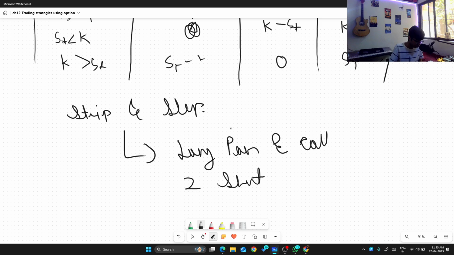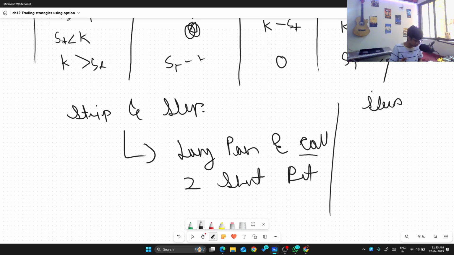A strap consists of a long position in two European calls and one put.